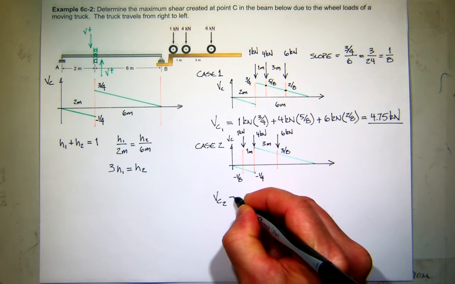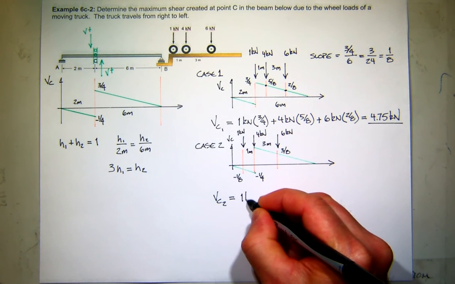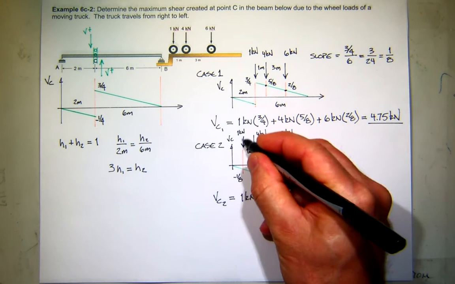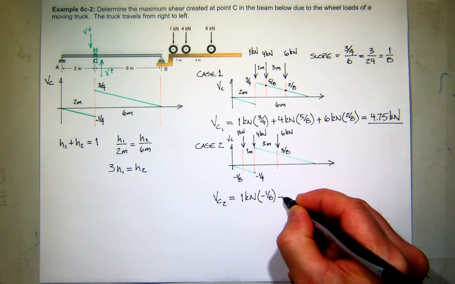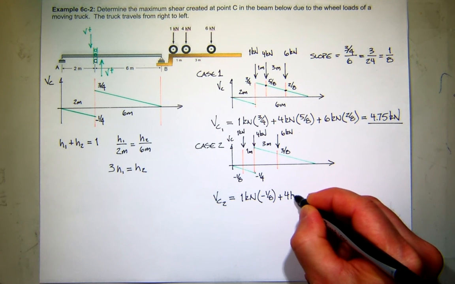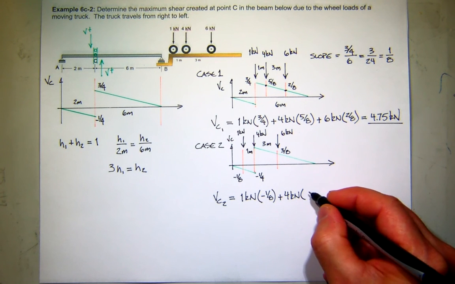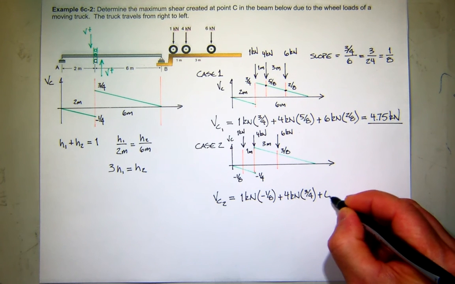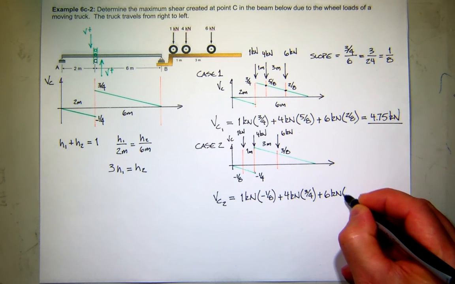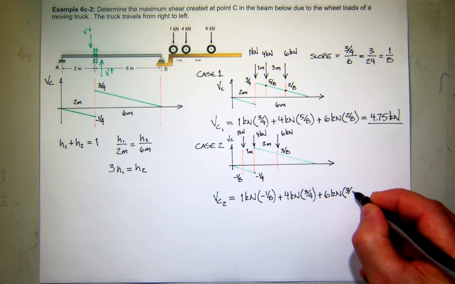So the shear at C from the second case would be 1 kilonewton times negative 1/8 plus 4 kilonewtons times 3/4 plus 6 kilonewtons times 3/8.